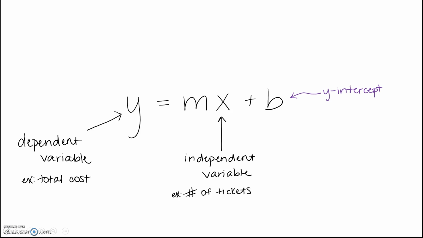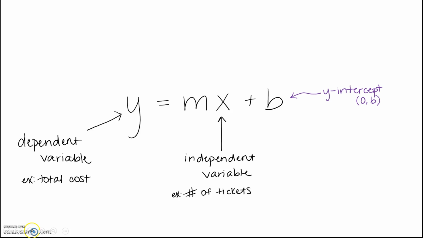We look at our line and we see where it intersects the y-axis. We use our color to emphasize the y-axis, and then we look for our y-intercept. And we know that the y-intercept is the value of y when x is 0. So it's 0 and then b. Okay?